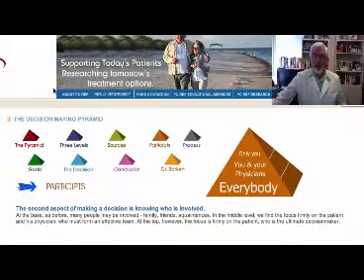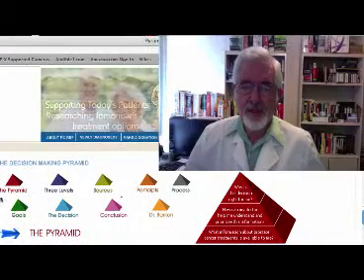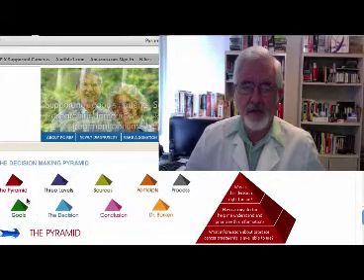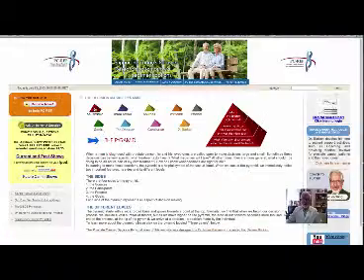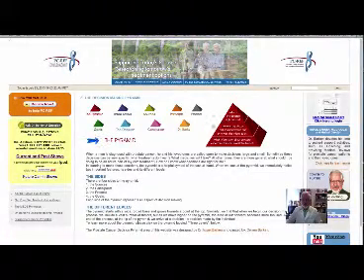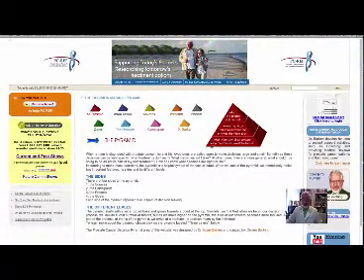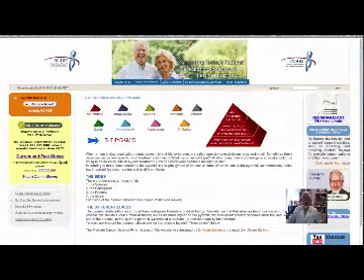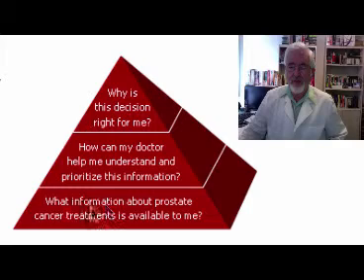So let's start. As you could see on this page, we have all the components that I'm going to discuss. Let's look first at the pyramid itself. I click here, we see the pyramid, and let's go over the questions that we are trying to answer. At the bottom of the pyramid, we have the question, what information about prostate cancer treatment is available to me?